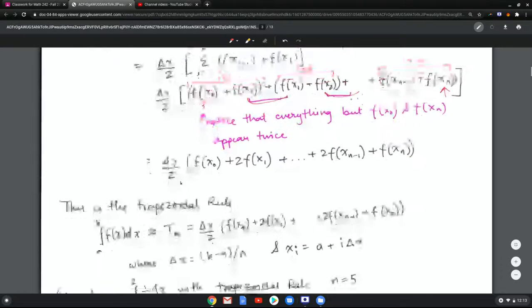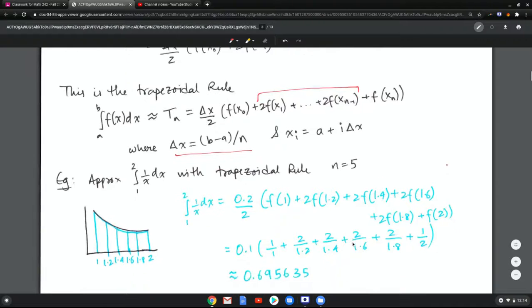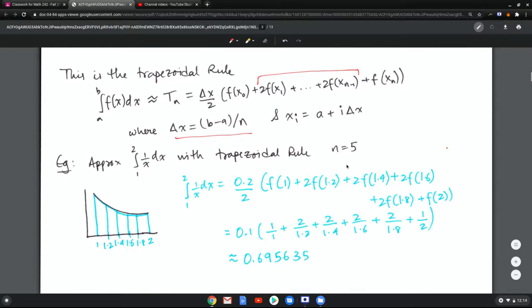So this is the trapezoidal rule. It's delta x over 2 times f of x0 plus 2 f of x1 up to 2 f of x(n-1), and then f of xn, where delta x, the definition remains the same, b minus a over n, and xi is a plus i delta x. Okay, let's do the same problem with the trapezoidal rule.